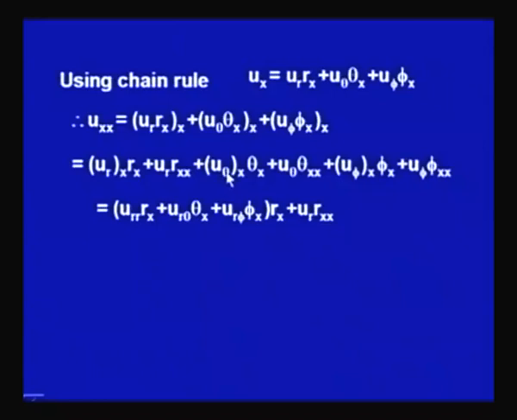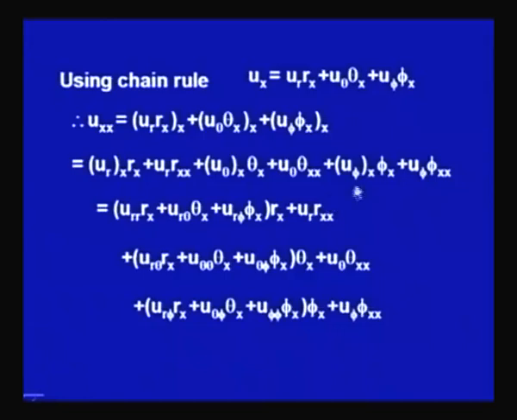Then using the chain rule again for the derivative of u theta with respect to x, we get u r theta r x plus u theta theta theta x plus u theta phi phi x, times theta x, and this u theta theta x x is as such. Then using the chain rule again for the derivative of u phi with respect to x, we get u r phi r x plus u theta phi theta x plus u phi phi phi x, times phi x, plus u phi phi x x.